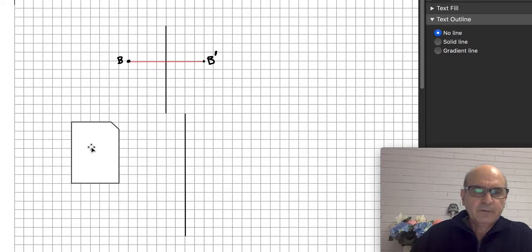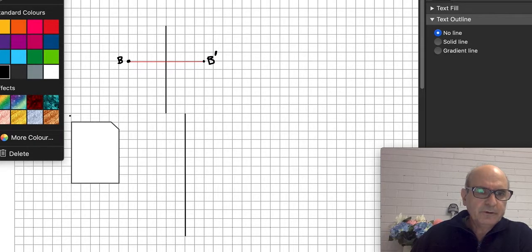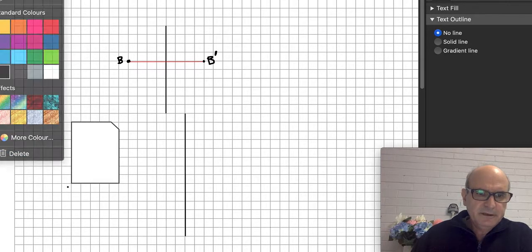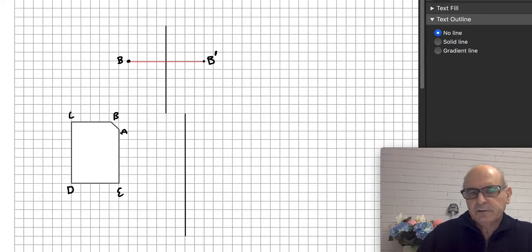So, for example, if I call this point, say D, and so we have say A here, B here, C here, D here, and E here. So I called each corner A, B, C, D, E. All right, so what I need to do, I need to find the reflection of each of them.